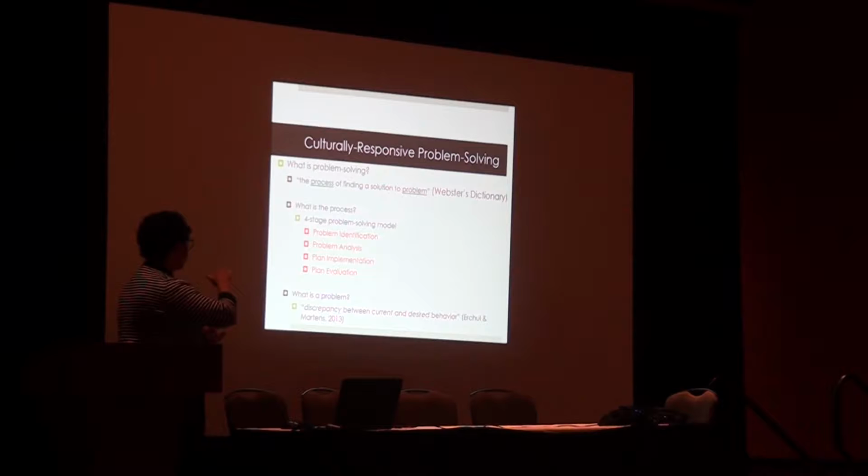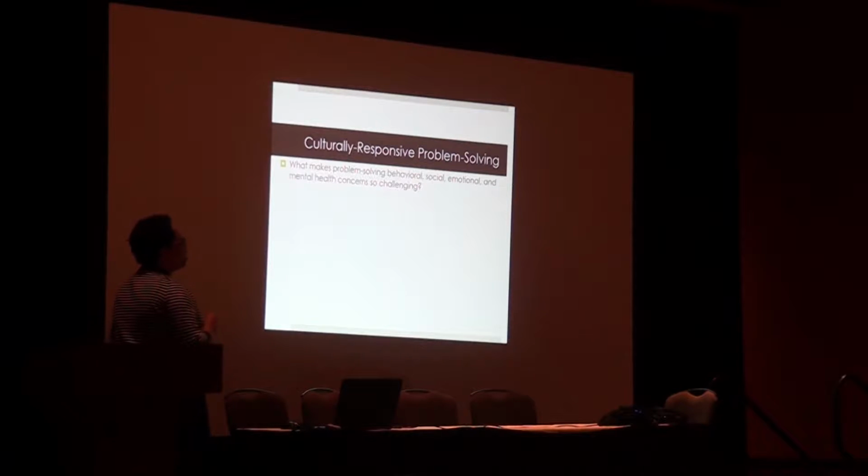So we're trying to get that discrepancy and trying to close that discrepancy. Where we know we struggle the most with problem solving, especially in school settings, are the behavioral, social-emotional, and mental health concerns. So why do we struggle the most? First, lack of knowledge.